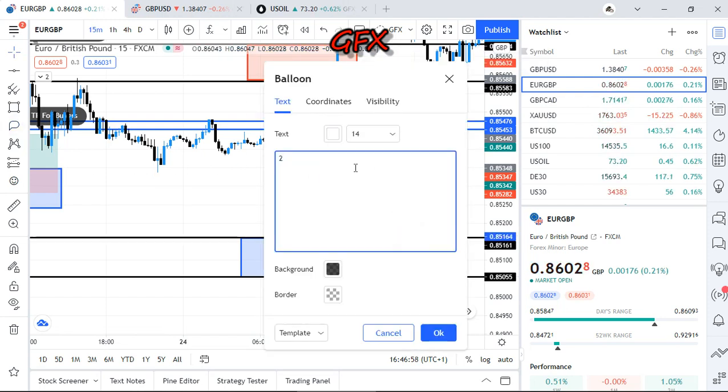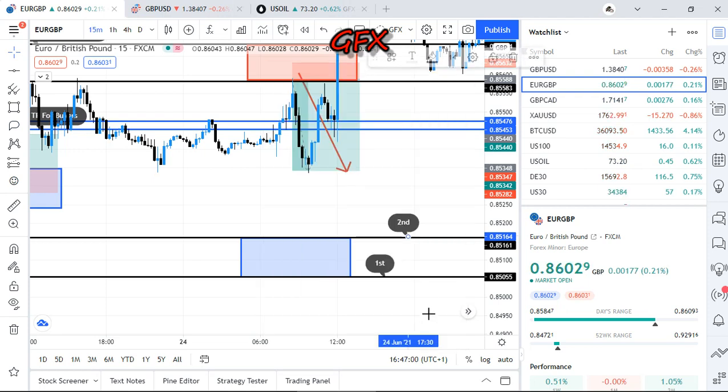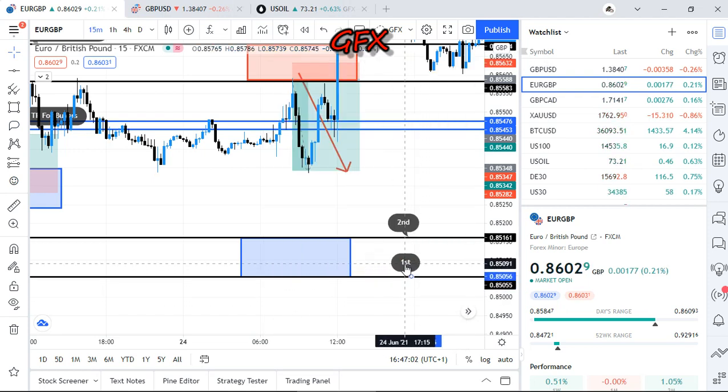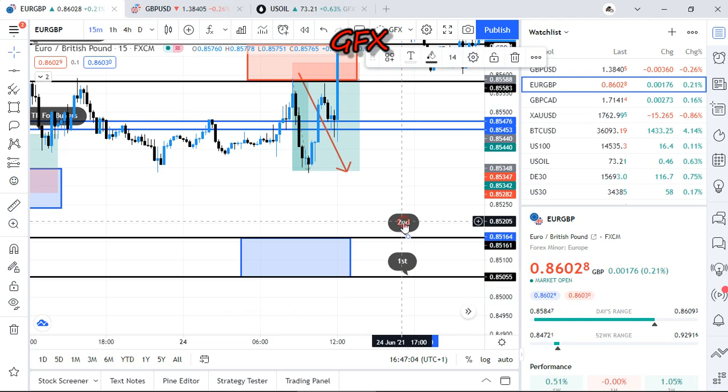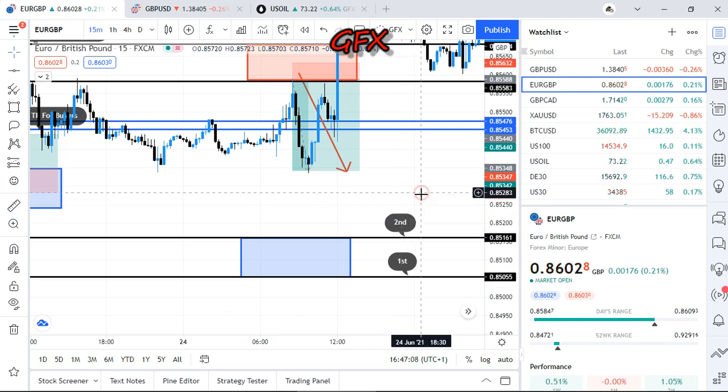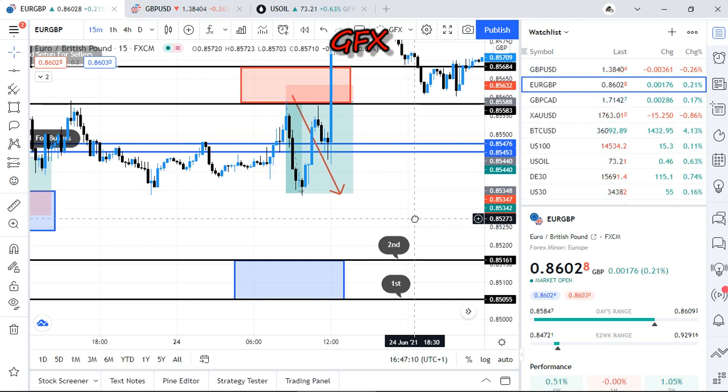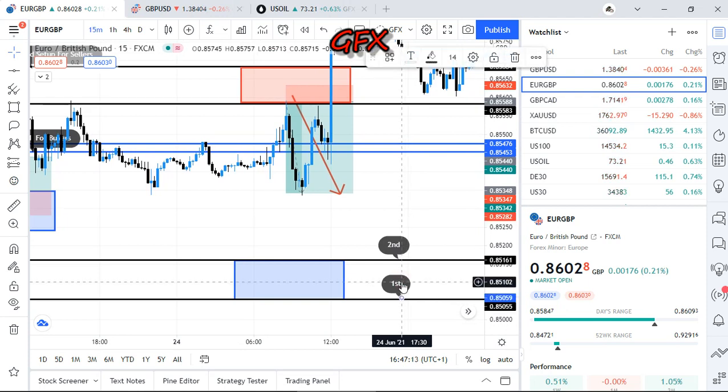Second line. For the demand zone, the first line is this. Take note and write this down if you are going to be confused. Rewatch this video over and over again if you are confused, and you will get it. So the first line for the demand zone is this line here.